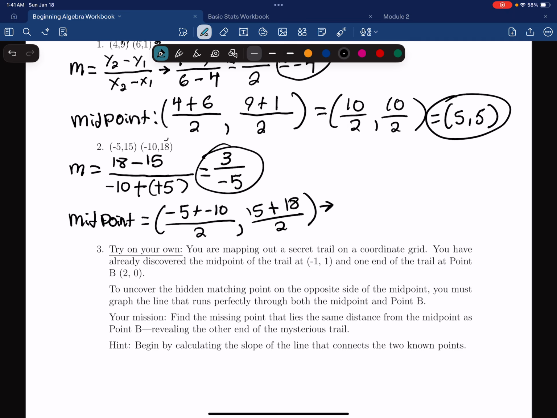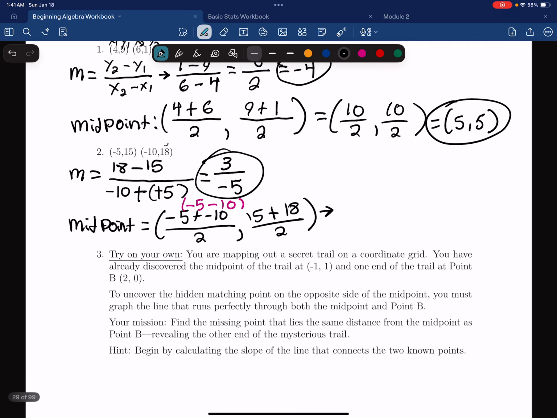Well, negative 5 plus negative 10, recall whenever we add a negative, we end up subtracting. So what we really have going on here is negative 5 minus 10. And negative 5 minus 10, well, that's just negative 15.